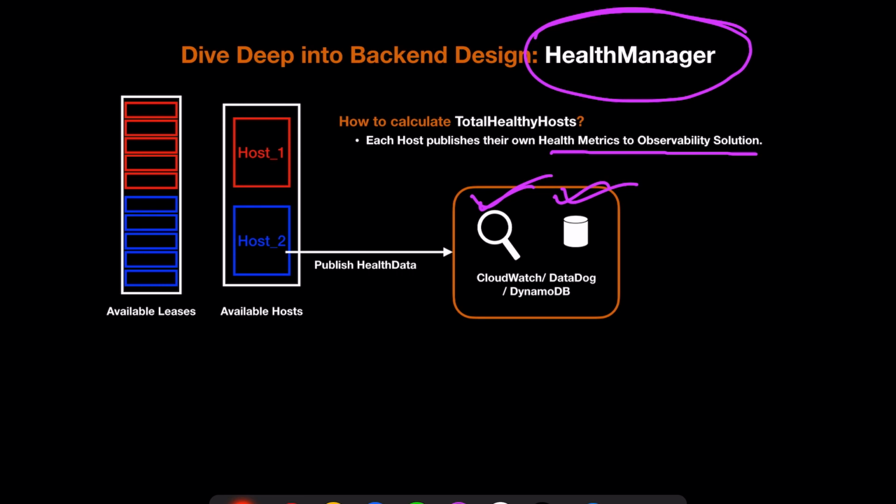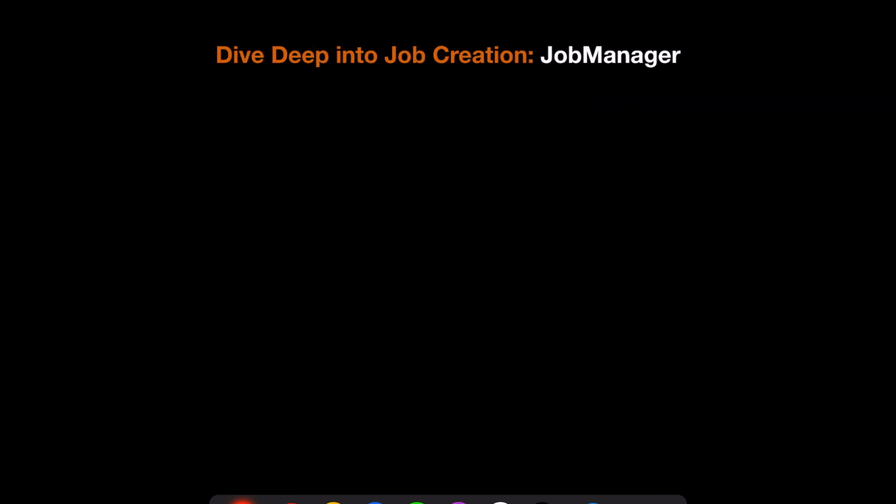We can utilize the observability solution for monitoring and alarming based on various metrics, and also store the latest health status of the host in the database, from where the lease manager can identify the total healthy hosts. Now let's dive deep into the job creation part.